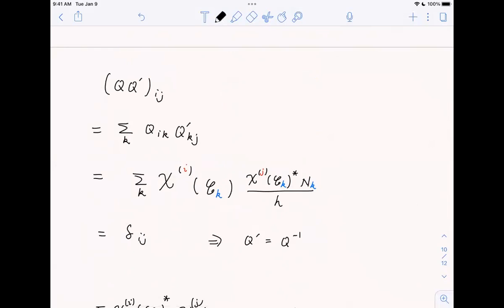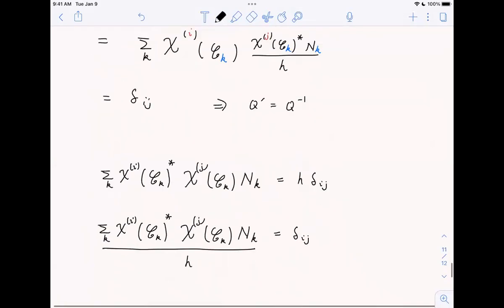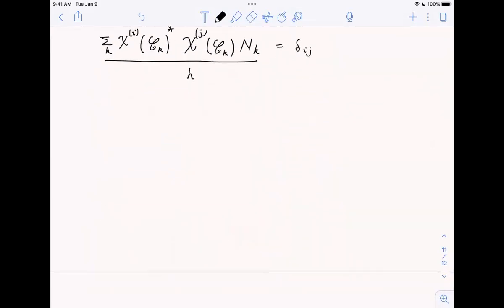Because they're inverse of each other, they also commute. Because Q prime equals Q inverse, so Q prime Q equals Q Q prime, because all matrices commute with their inverse matrix.